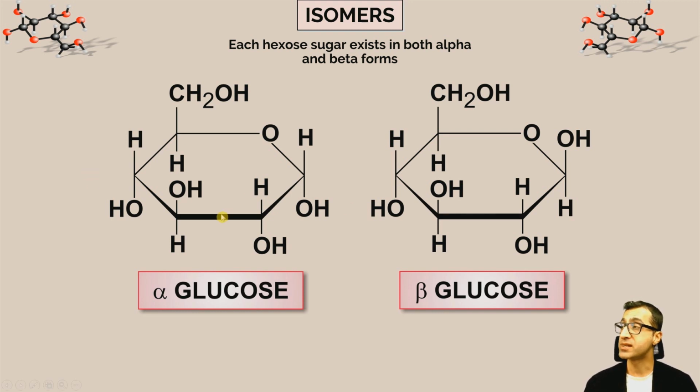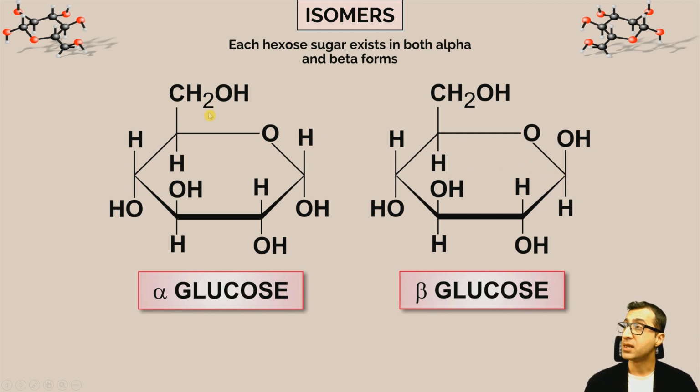And so here we can see that alpha glucose and beta glucose differ from each other in the orientation of the carbon to hydrogen bond and the carbon to oxygen bond. In other words, the orientation of this hydroxyl group versus this hydrogen atom on carbon 1 of the 6-membered ring.